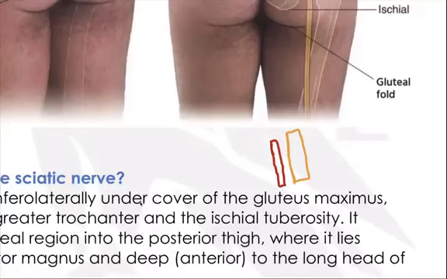So the sciatic nerve will be just here, in between them, posterior to the adductor magnus but anterior to the biceps femoris. The sciatic nerve will be there on the thigh.